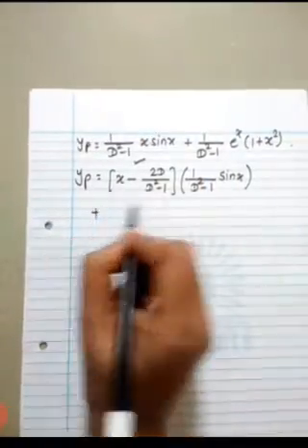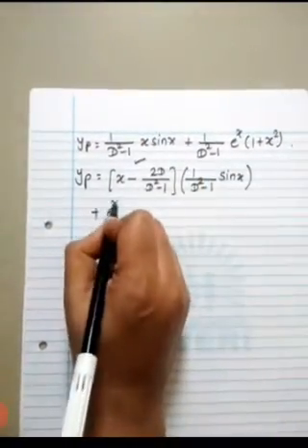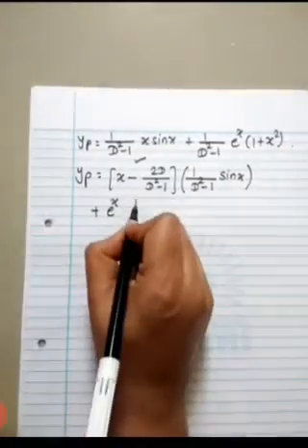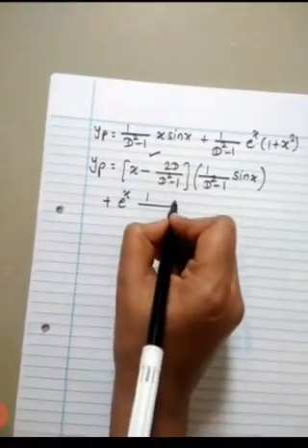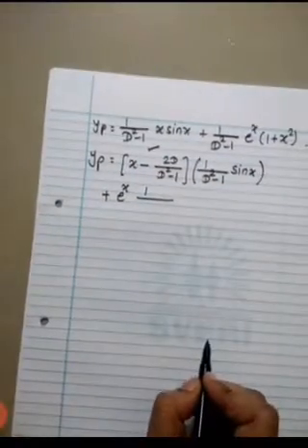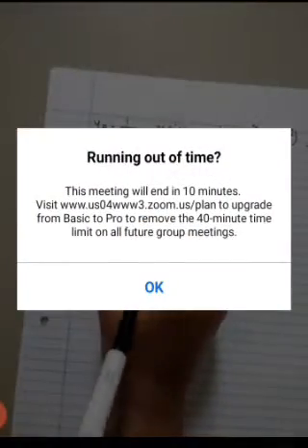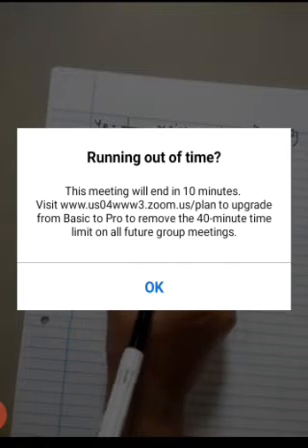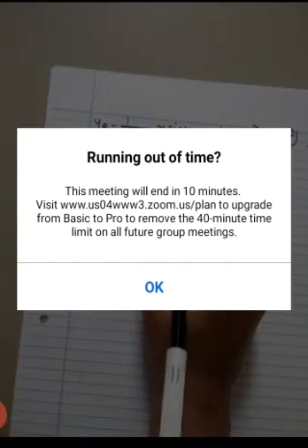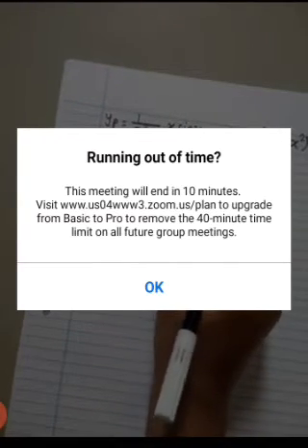Okay, this is the first function. Plus second, e raised to x out, and D will be then D plus 1. So D plus 1 whole squared as it is, minus 1, brackets, and here it is just 1 plus x squared.